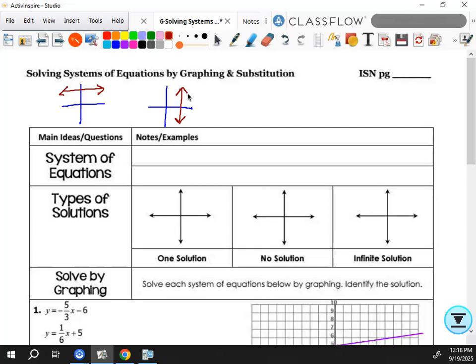So, a horizontal line. Do we think it is a y equals or an x equals? Y equals. This one is y equals, so this will be like y equals 3, and this will be like x equals 3.